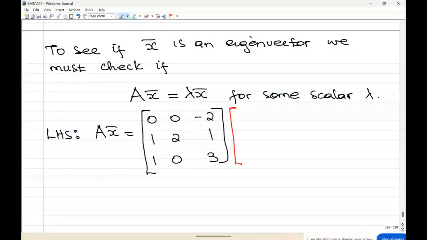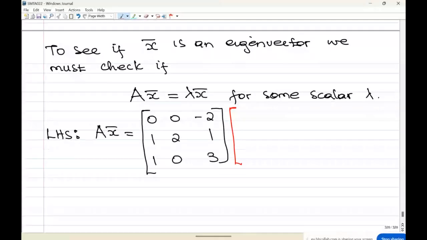Wait, there's something that I don't understand here. I want to see something. So please put minus 2, 1, and 1.